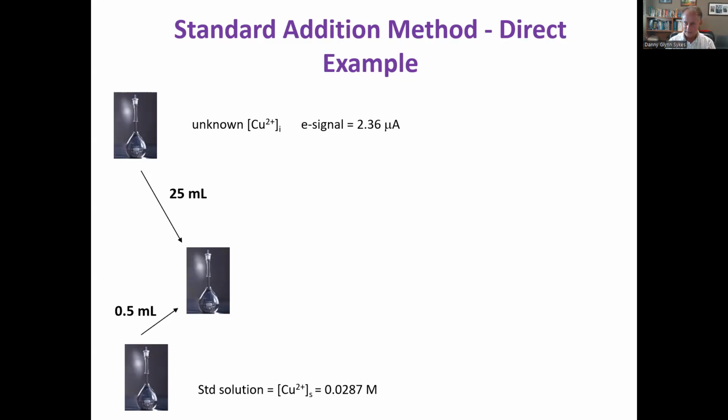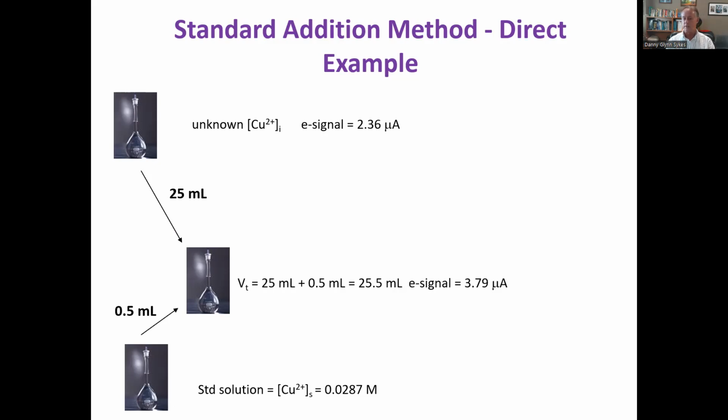The matrix associated with that sample is essentially identical to the matrix of the unknown, right? 25 of the 25.5 mL comes from that unknown solution. So I've effectively removed the matrix mismatch. They effectively have the same matrices now. So the analyte is really going to behave exactly the same in those two solutions with respect to my instrument.